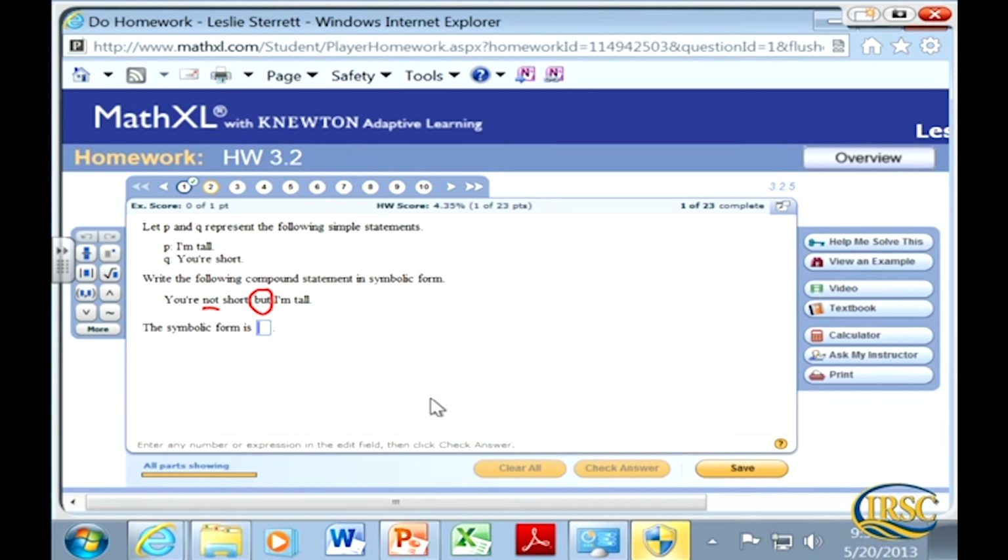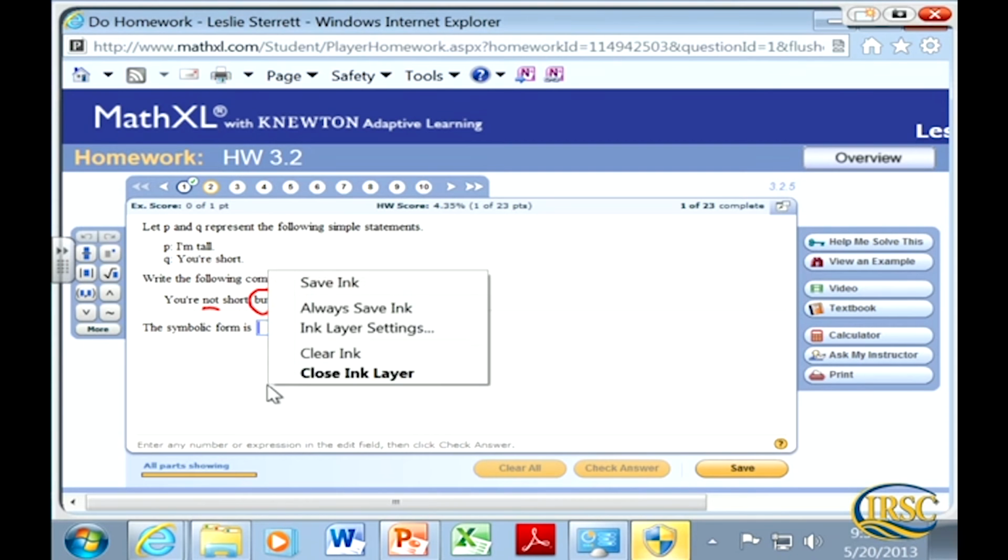So here's why I was saying you need to really get familiar with what all your other options are for the words, so that you know which symbols you're supposed to be using here. One of the things I didn't comment on is that order isn't important as far as where your P and Q come, but again, if we want to stay consistent, let's put it in the order that we see it coming. So you're not short would be what?